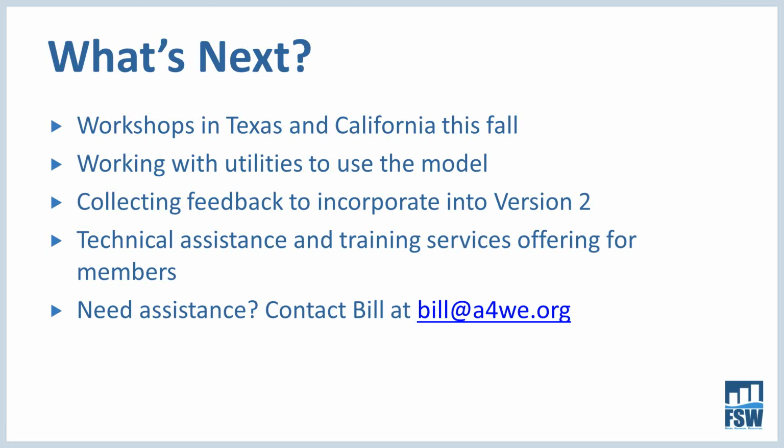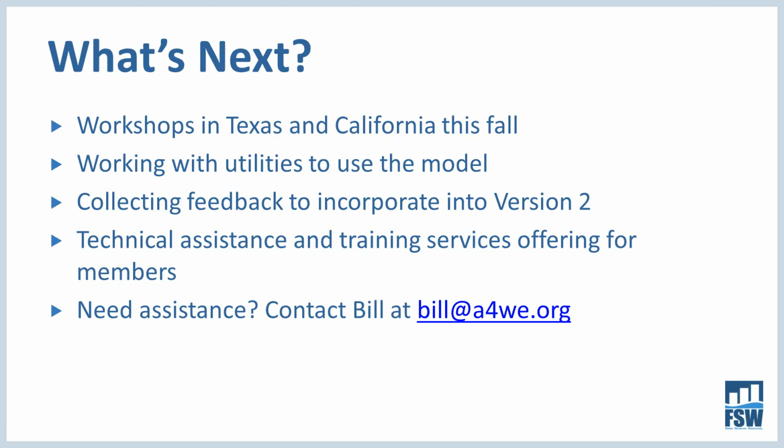We're also looking at this as a tool that will be updated and enhanced over time. So we're also looking for feedback from managers who are using it on ideas that could improve the model, make it more valuable, that we can incorporate into future versions. We know that many utilities may be interested in bringing multiple employees up to speed on this tool, to ensure that teams are proficient in model functionality.